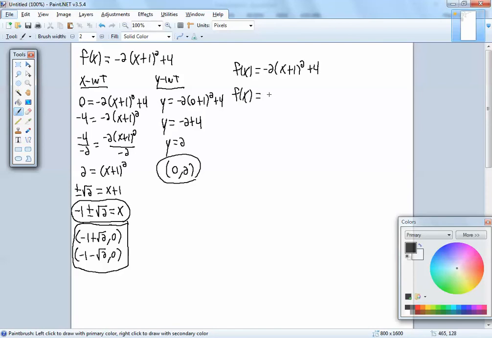So to convert it, then x plus 1 squared means x plus 1 times x plus 1 plus 4. And then if I FOIL this, x times x is x squared, x times 1 is x, 1 times x is x, 1 times 1 is 1, plus 4.